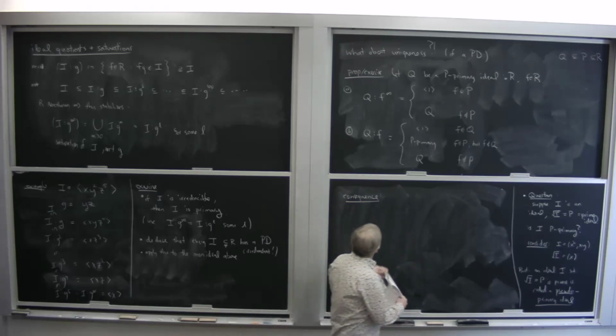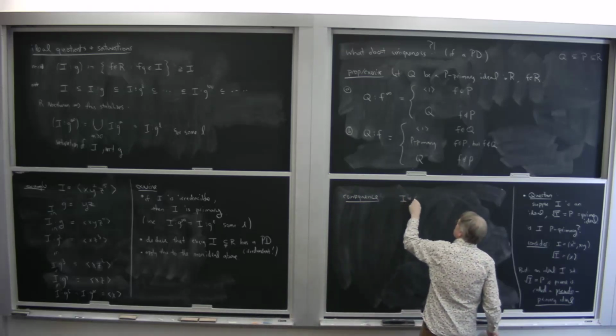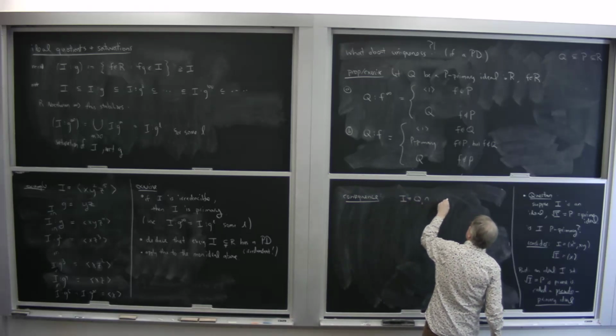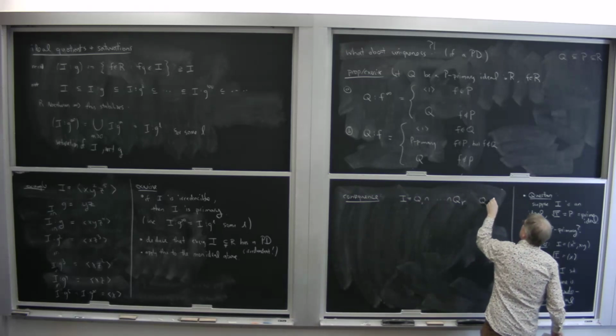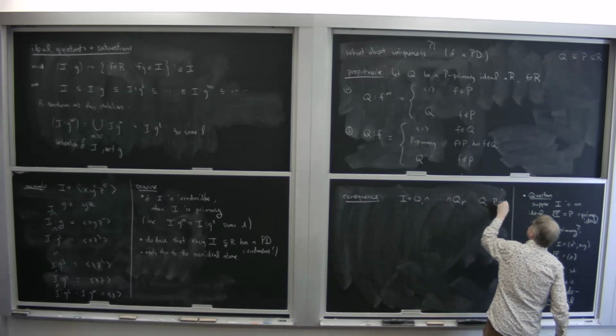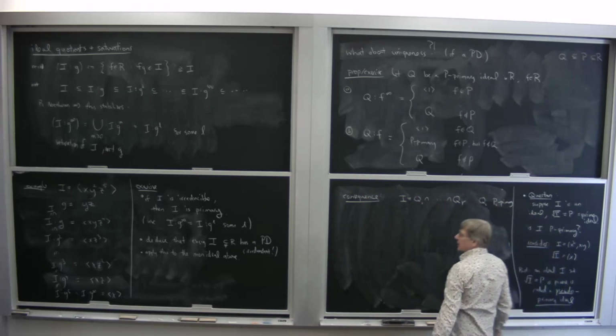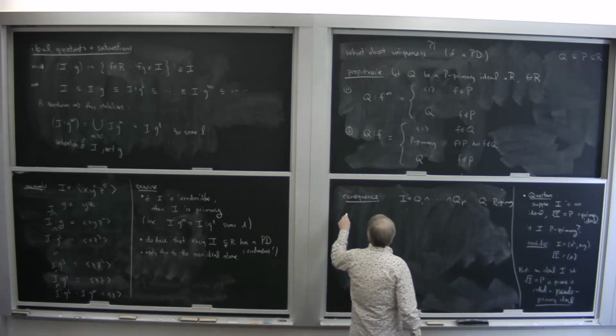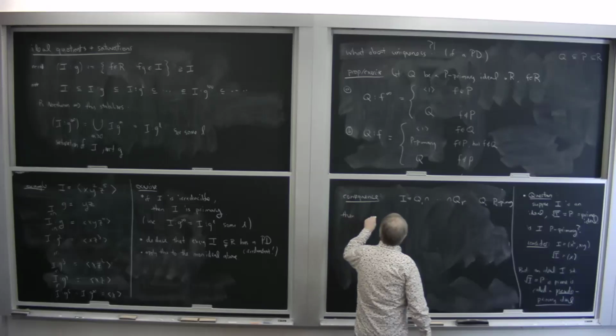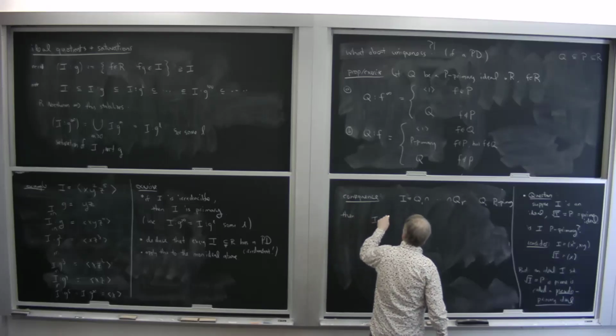Let's apply this: suppose that we have I equal to Q1 intersect dot dot dot intersect QR, and Qi is Pi primary. Then I colon F infinity is equal to what?